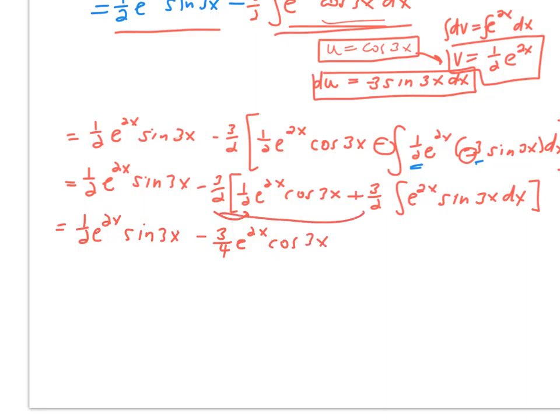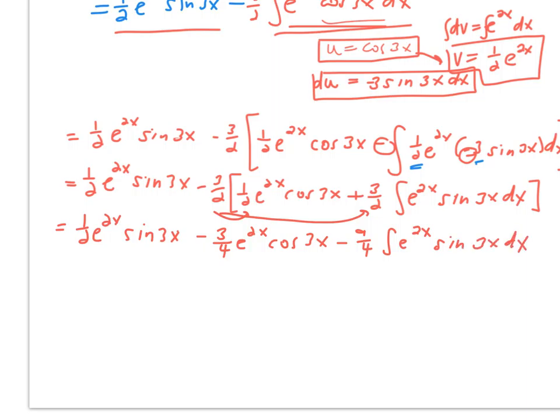Here we're going to distribute. We have a negative times a negative 3/2 times positive 3/2, so negative 9/4 times the antiderivative of e to the 2x sine 3x dx.